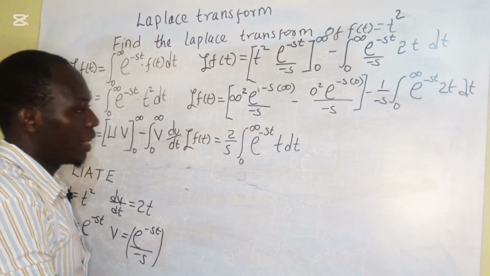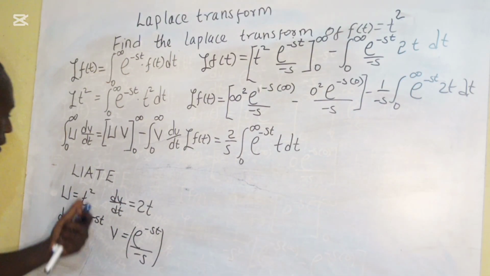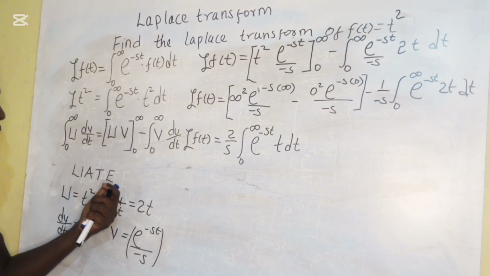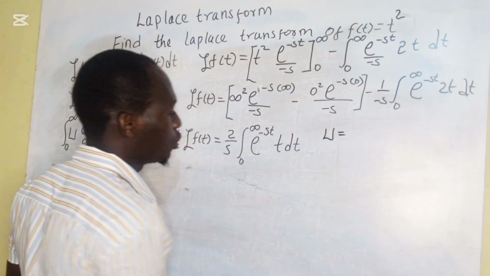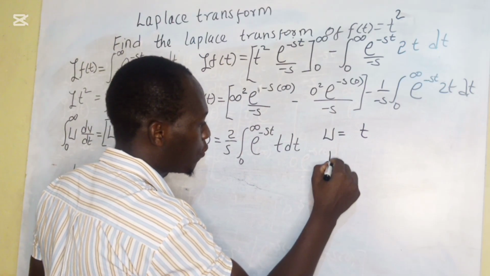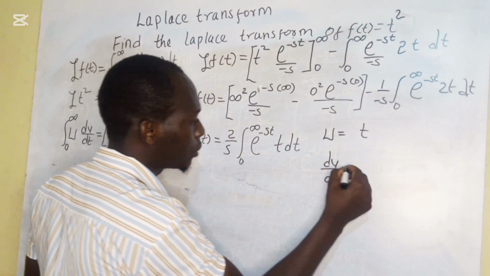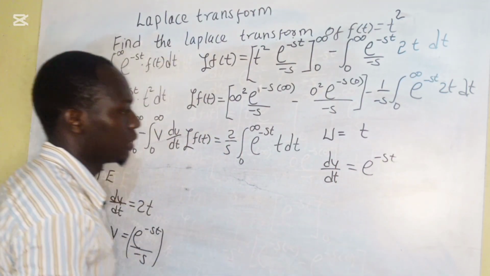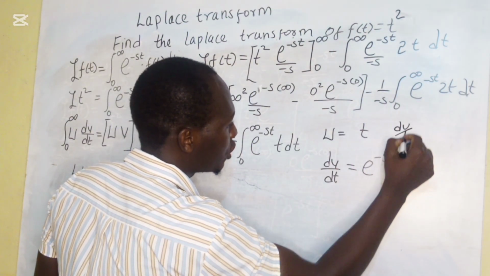Here also we are going to use integration by parts in simplifying whatever we are having here. We are still going to use the same formula and the same acronym, whereby our term of u is going to be equal to t, our term of dv with respect to dt, from the formula here, we are going to have exponential negative st, and lastly here our du with respect to dt.